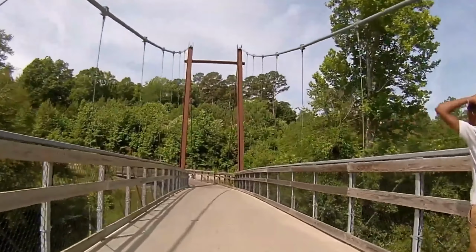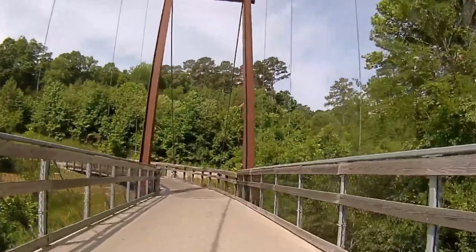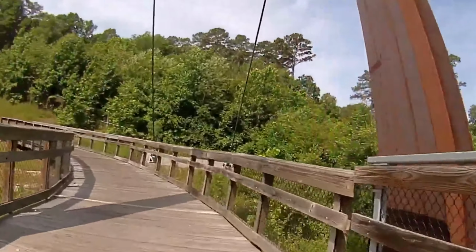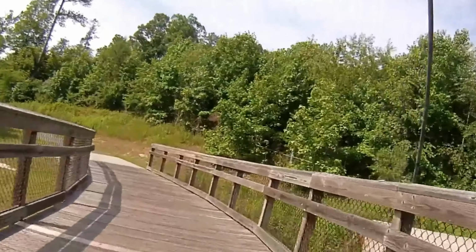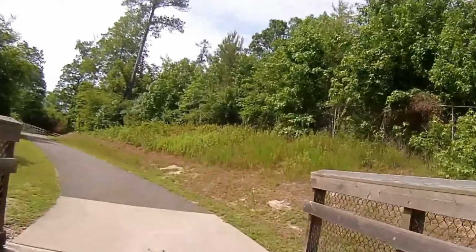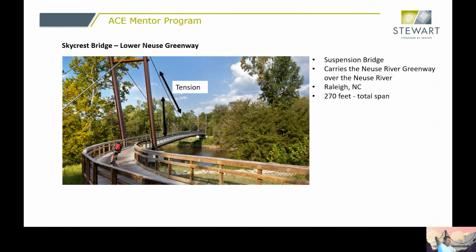So, anyways, these cables take all the tension, and these cables were manufactured in Germany, put on a boat, shipped over here. Took a couple months from the time they left the factory in Germany to get over to Raleigh. The force of the bridge is carried in tension through these vertical cables into the main span cable, which then goes into the tower, and the tower then transfers that compression force into the abutments.